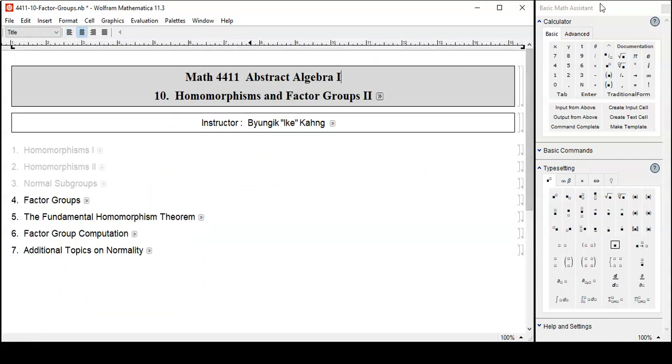So we went through various properties that are preserved under homomorphism. Homomorphisms preserve the algebraic operation, the group operation, that was the definition. But from there, we could prove various things.